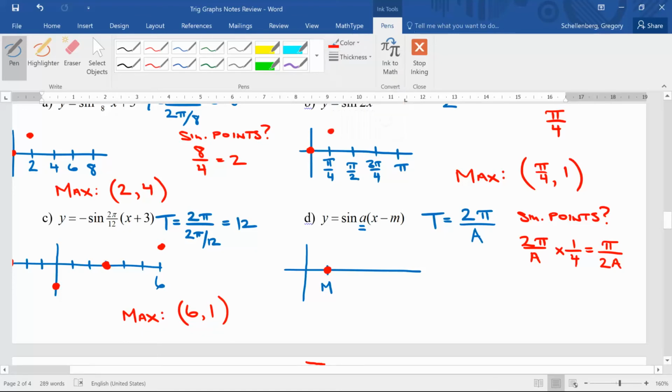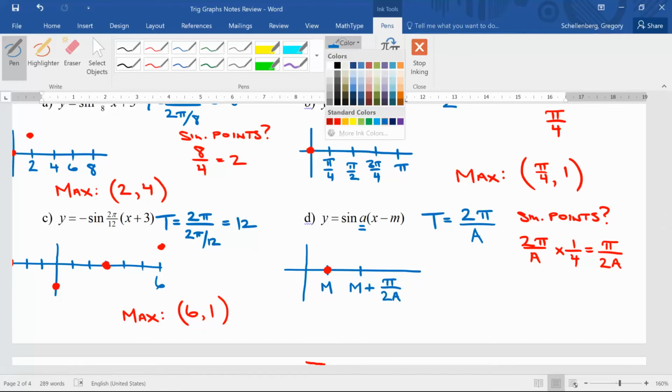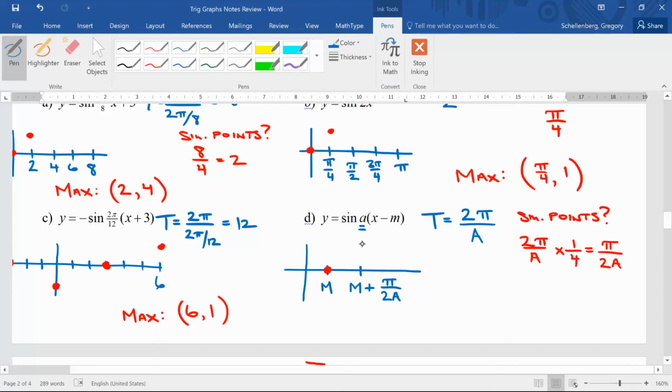And one significant point to the right of this, we will have a max point. What's it going to be? Well, it's going to be m plus that horizontal scale of those significant points, which is pi over 2a. Okay, so that next point is at m plus pi over 2a.